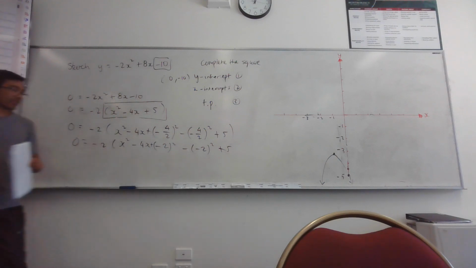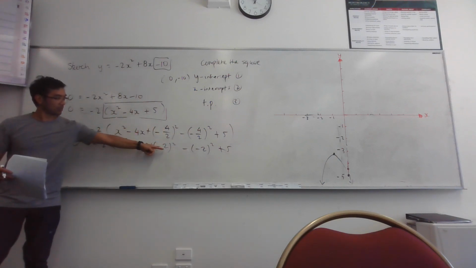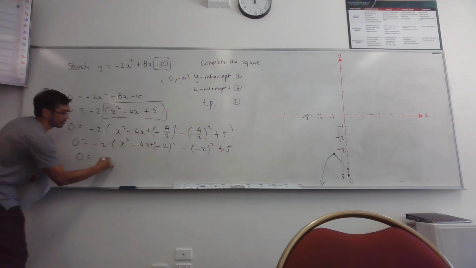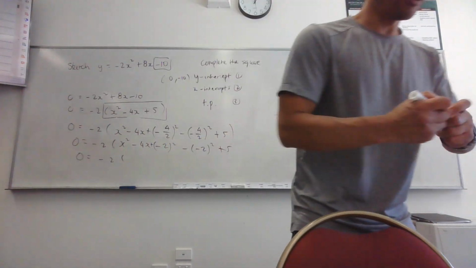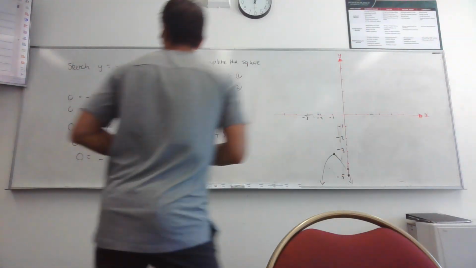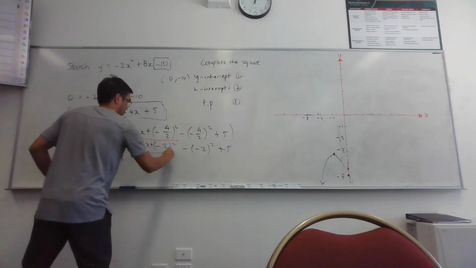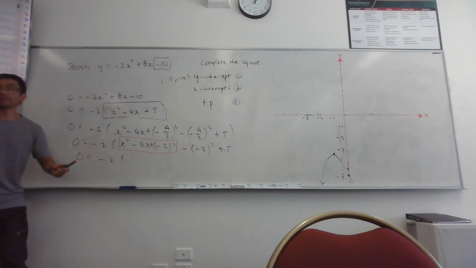Just a slight cleanup. These are still the same. 4 divided by 2 is 2 still. Does anyone know what we do from there? I'm going to highlight it in red. This bit here. Then we do the plus and minus thing with that.